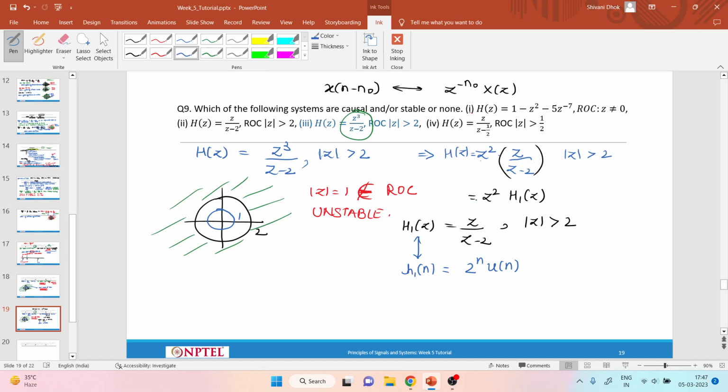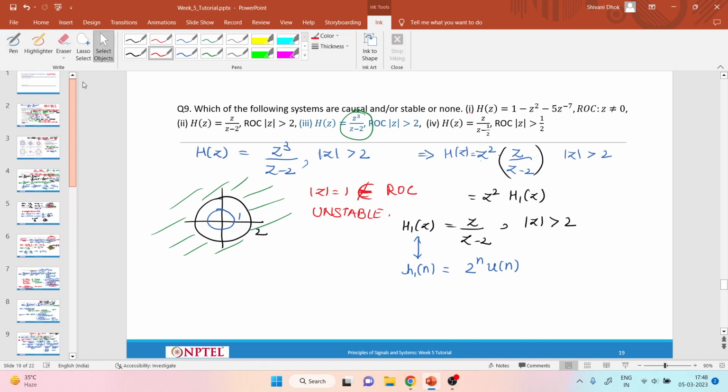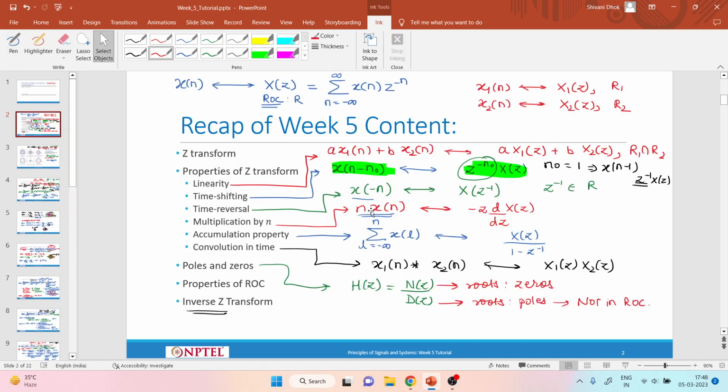Now what we have is z power 2 h1 of z. Now let us see what my time shift property is again. Here we have the time shift property: if I shift x of n by a factor n naught, we get a scaling of z to the power minus n naught.